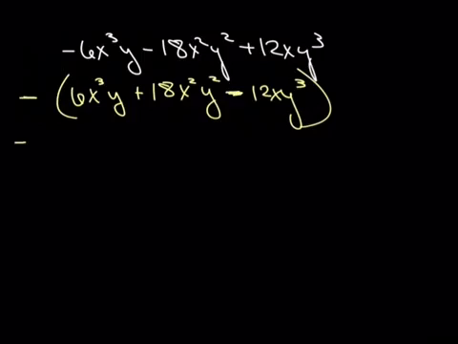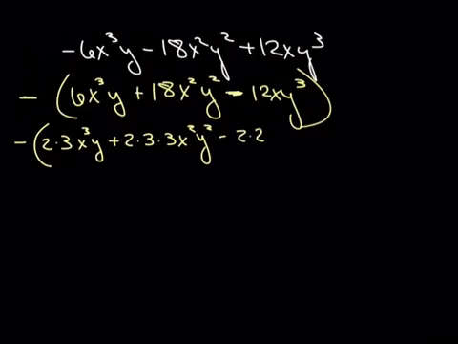So now what I'm going to do is I'm just going to leave that negative out there, and I'm going to write this as 2 times 3 times 3. And I get that, product of primes.